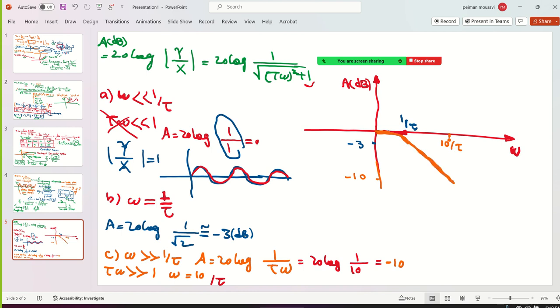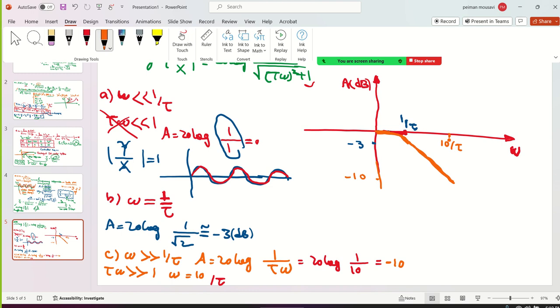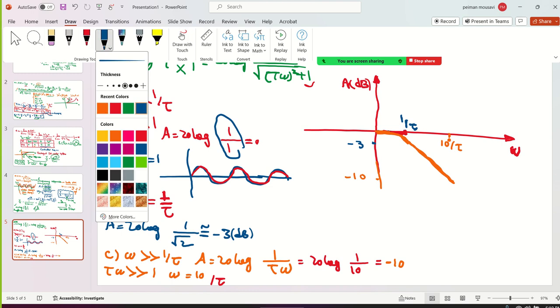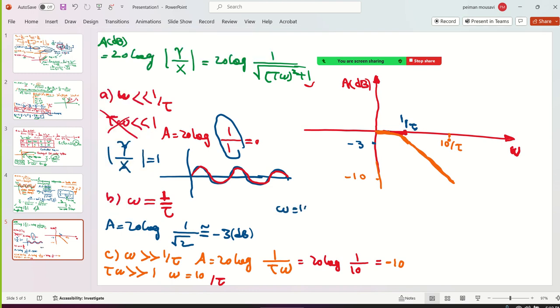Okay. Now, the next case, I'm giving you omega is, as I told you, 100 over tau. So you say A is going to be 20 log of 1 over 100. This is going to be minus 40. Yeah, minus 40.